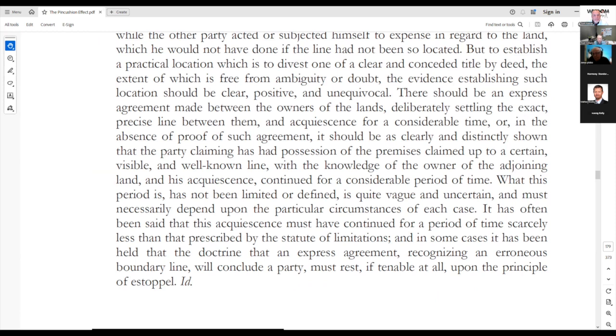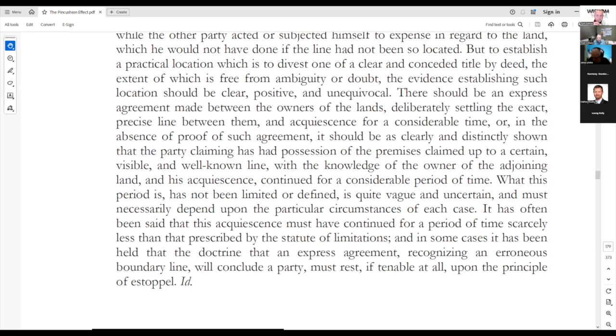There should be an express agreement made between the owners of the lands, deliberately settling the exact precise line between them, and acquiescence for a considerable time, or, in the absence of proof of such an agreement, it should be as clearly and distinctly shown that the party claiming has had possession of the premises claimed up to a certain visible and well-known line, with the knowledge of the owner of the adjoining land and his acquiescence continued for a considerable period of time. What this period is has not been limited or defined, is quite vague and uncertain, and must necessarily depend on the particular circumstances of each case.